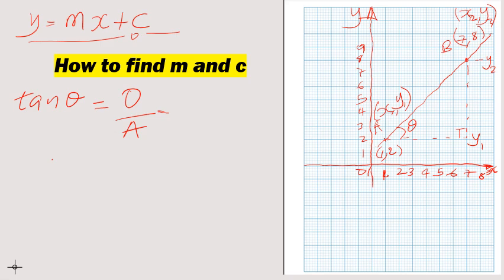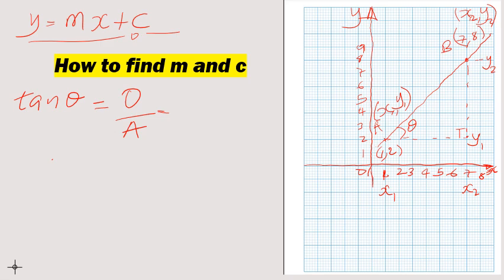Okay, and on the x-axis it's there, so here is x1 and there is x2. So that's our opposite, y2 minus y1. Okay, because we want to find that distance between those things.